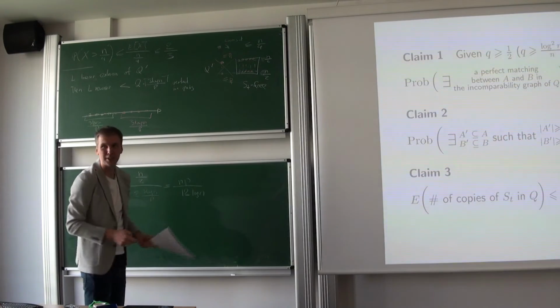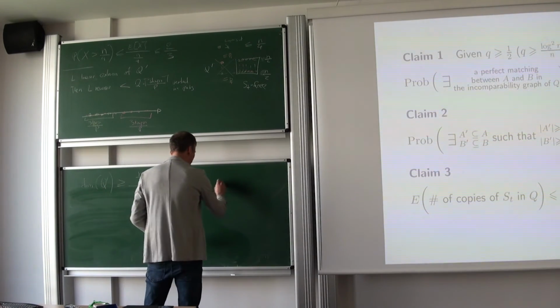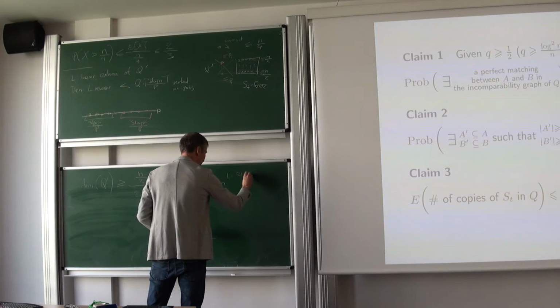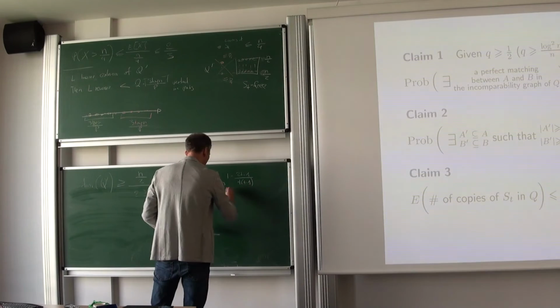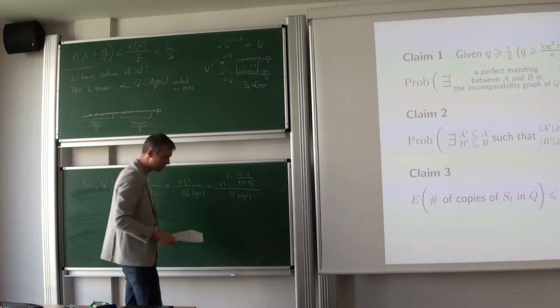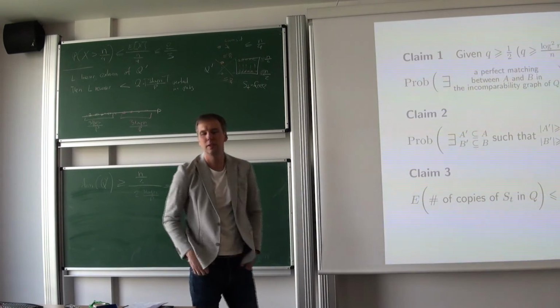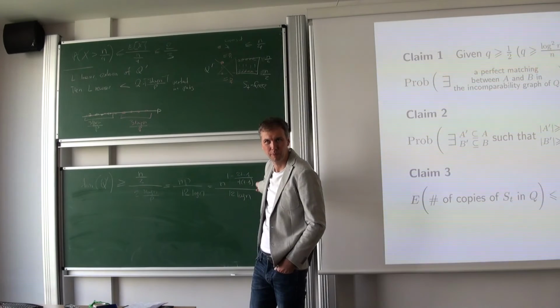Okay, and then p is n to the alpha. So this is n to the 1 minus 2t minus 1 over t minus 1, over 12 log n. That's what was claimed. I wasn't here.